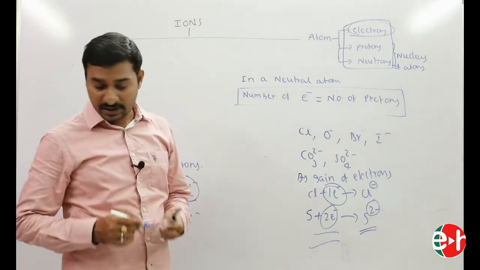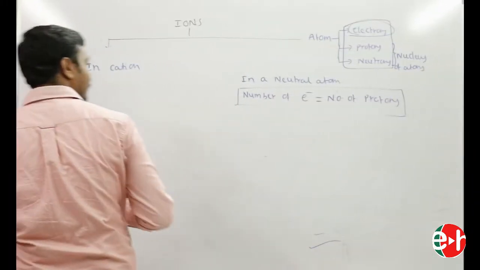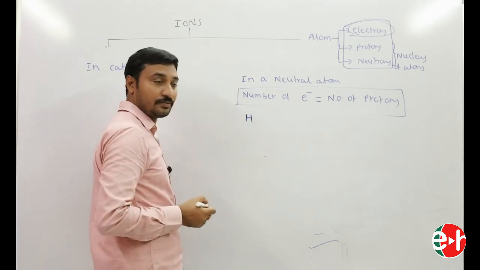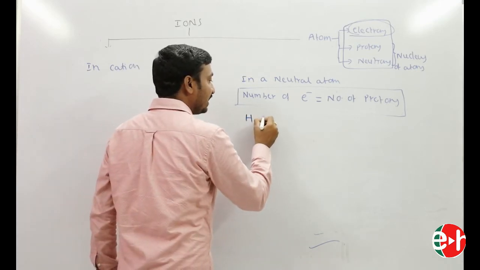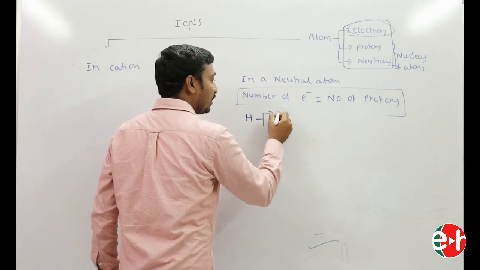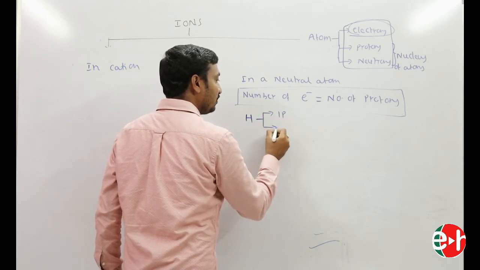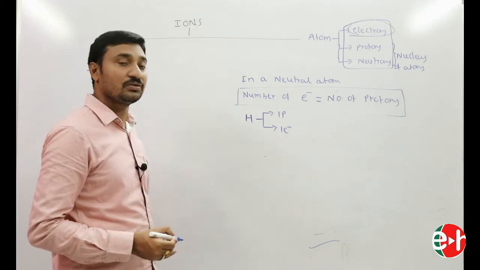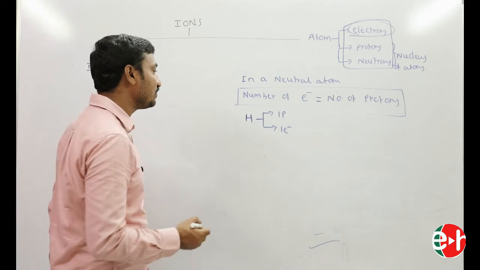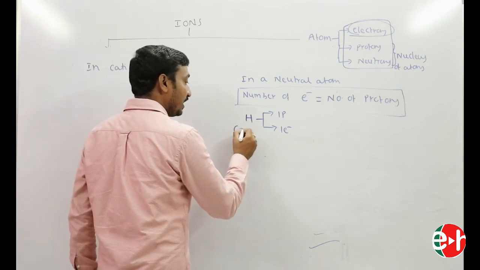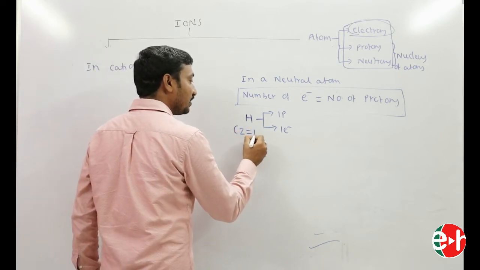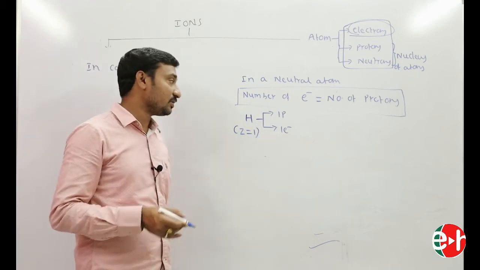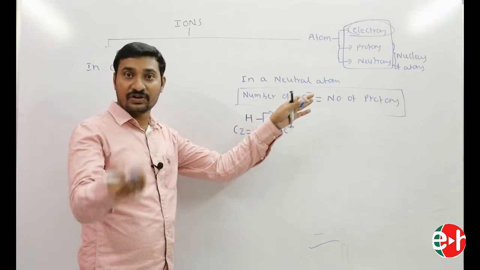For example, take hydrogen. In a hydrogen atom, one proton and one electron are present. How can you say this? Because hydrogen's atomic number Z is equal to 1. We will discuss atomic numbers in the further class.